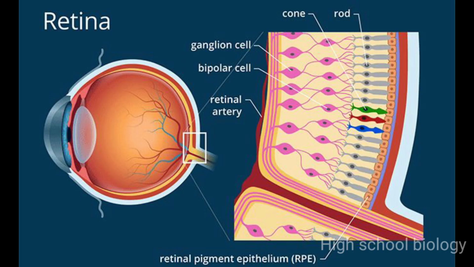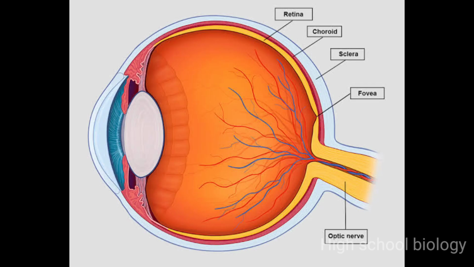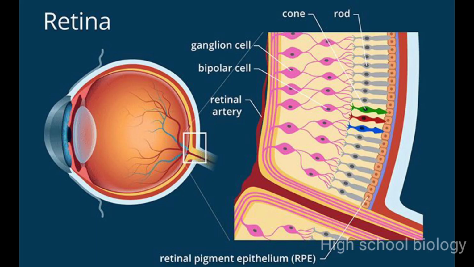The third one, the neural tunic. The innermost layer of the eye is the neural tunic, or we can say retina, which contains the neural tissue responsible for photoreception. The retina is a thin layer of tissue that lines the back of the eye on the inside.